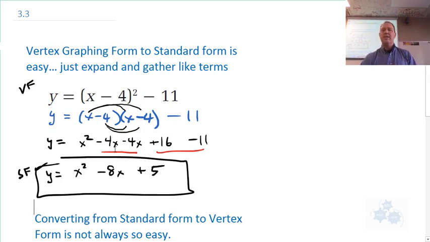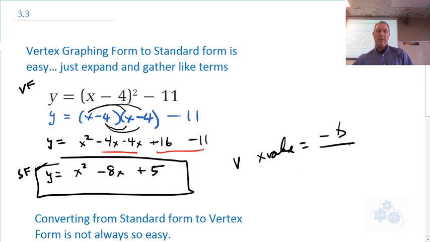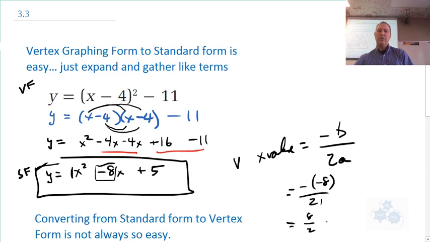Now, we can see a lot of benefit to vertex graphing form because you can see the vertex, which is actually pretty important. You can get the vertex fairly easily from standard form, as we've learned. The x value, if you remember, is going to be equal to negative b over 2a, from last day. So if b is negative 8, let's do this real quick. We've got negative 8 over 2 times 1. That's 8 over 2, which is 4.